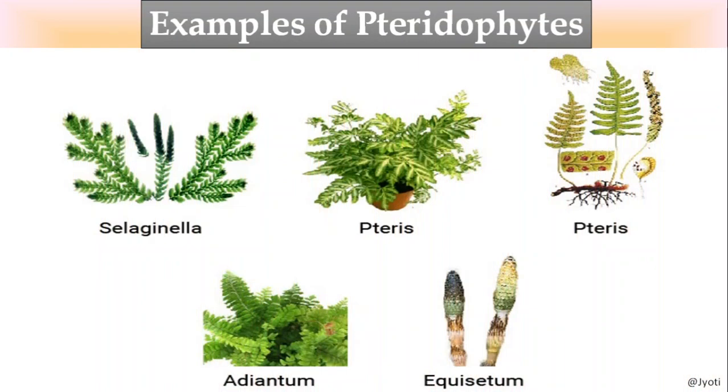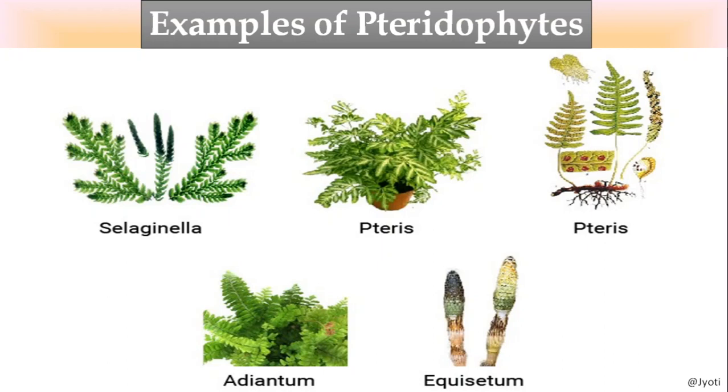So here you can see the pictures of some pteridophytes. All these plants are ornamental plants. They beautify the environment. That's why most of these plants are kept inside the living room to decorate the room. Here you can see the macrophyll and microphyll.